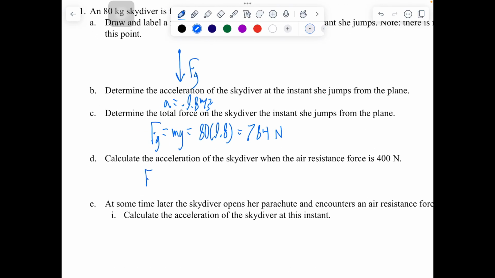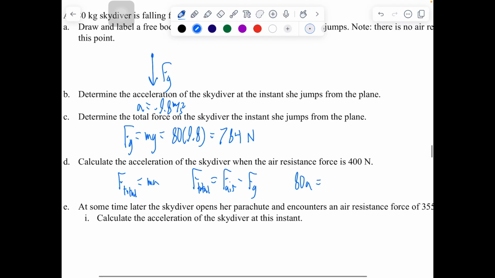Well, we know total force is mass times acceleration. We know total force would be air resistance minus gravity. Combine them, we get mass times the acceleration, that's what we're solving for, is equal to air resistance, 400, minus our force of gravity, 784.